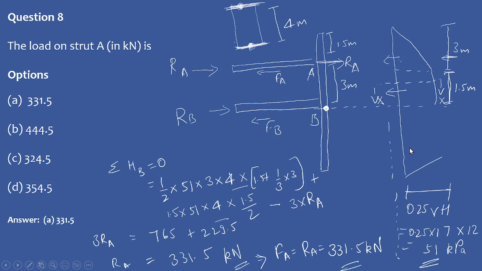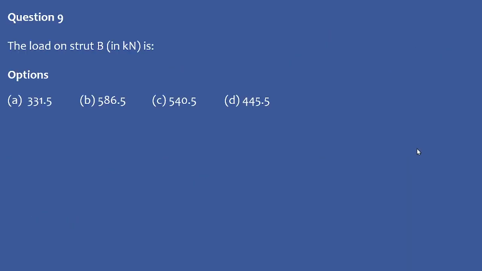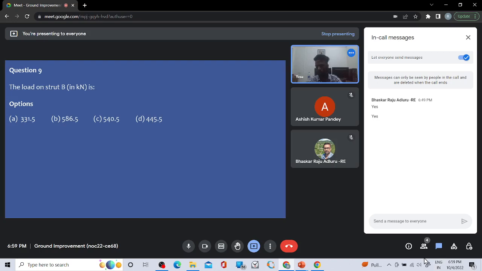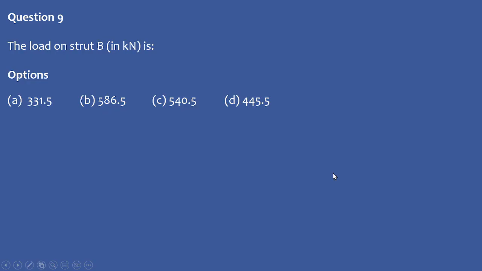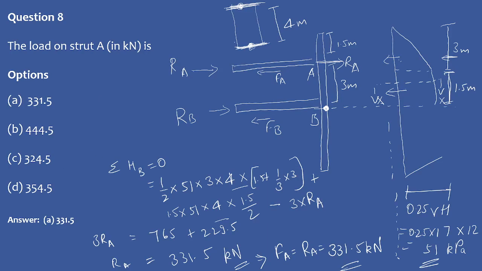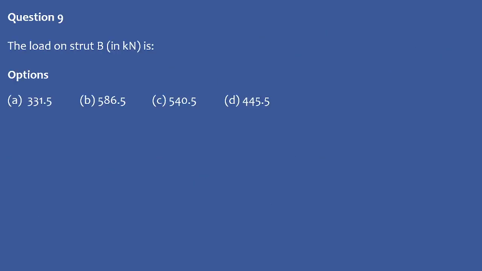So let's move to the next part. Now you need to calculate the load in the stud B. I guess we are short of time, so let me calculate this for you. It's a similar thing. Let me draw the diagram again.